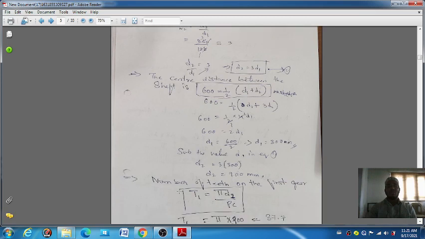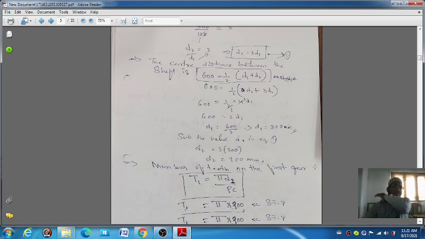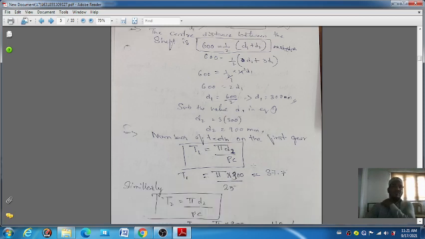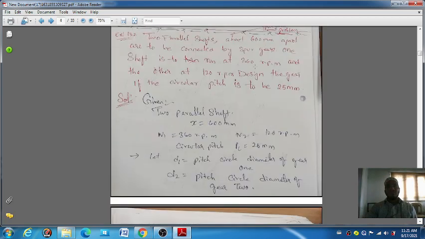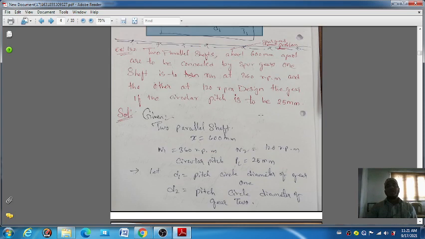So after that, the number of teeth on the first gear; every gear has a formula for that. The number of teeth on the first gear, T1, is equal to pi D1 by Pc. This is your formula. Due to the question not giving the number of teeth, if we find the number of teeth, then only can we design the gear.